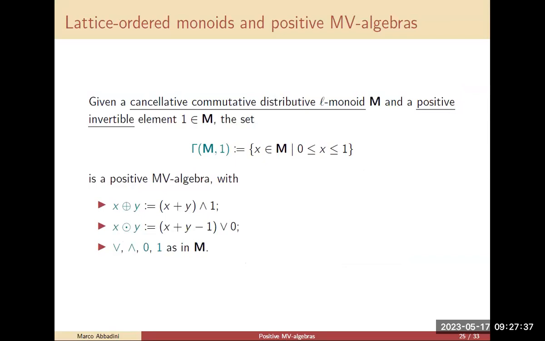And the set of elements between 0 and 1, this is a positive MV-algebra. Define the truncated plus as x plus y meet 1, the times as x plus y minus 1 join 0, and you see why we want 1 to be invertible, and join, meet, 0 and 1 as in M.